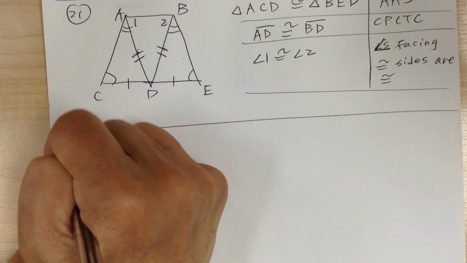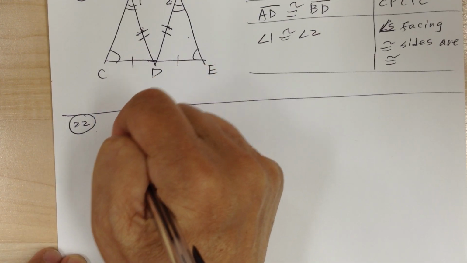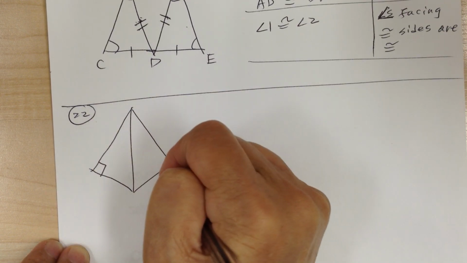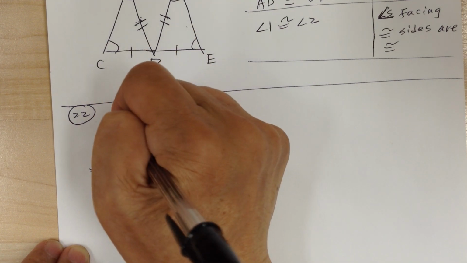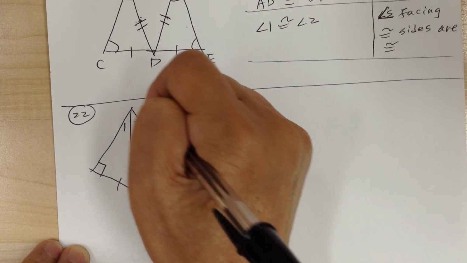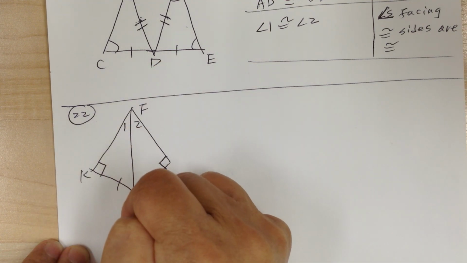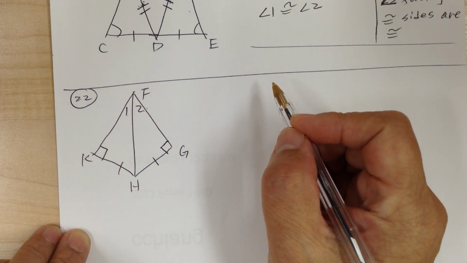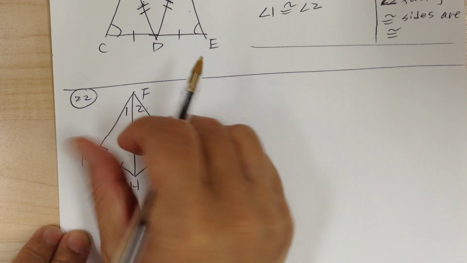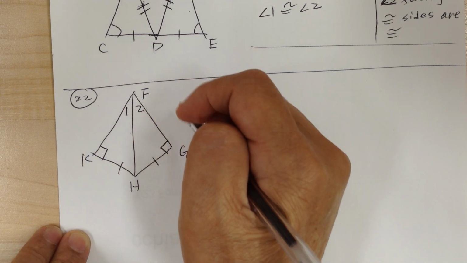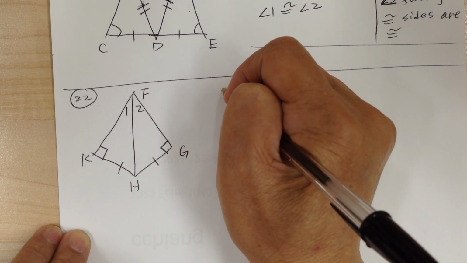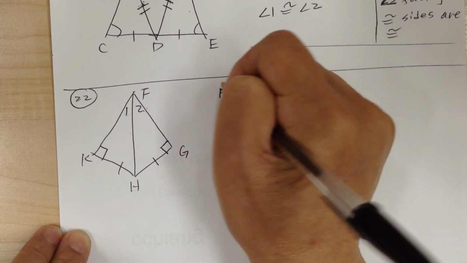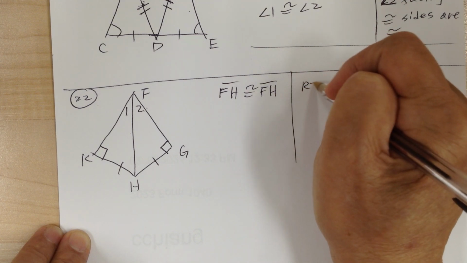Okay, number 22. Again, you want to prove these two angles are congruent. When you have two triangles facing each other, you want to use the reflexive property. So FH is congruent to FH, and the reason is reflexive.